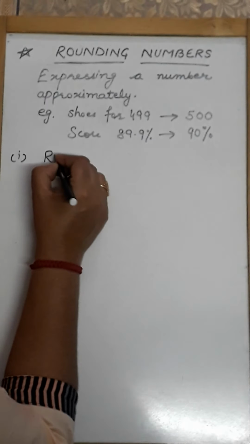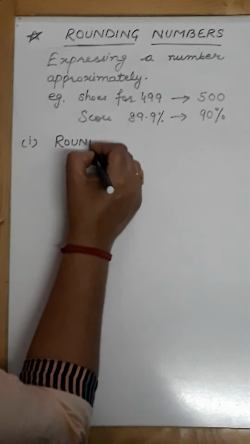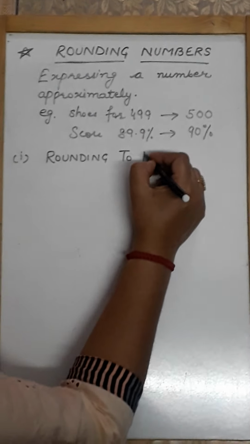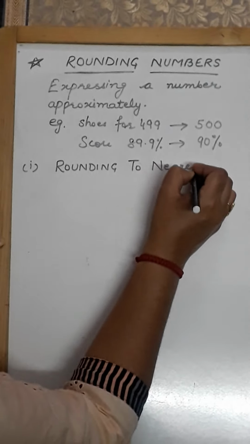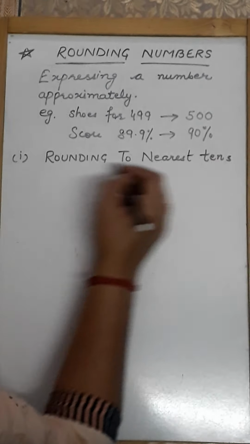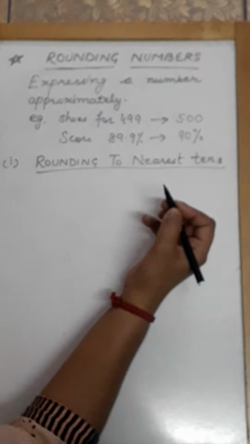First is rounding to nearest tens. Now what is rounding to nearest tens?